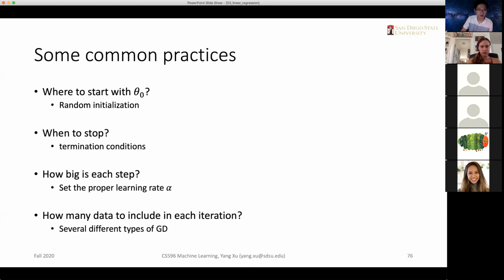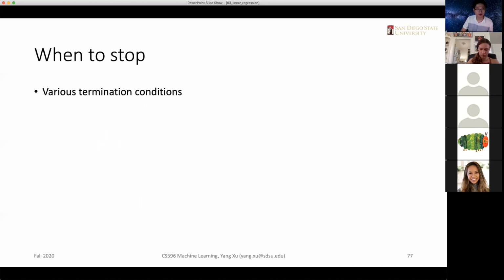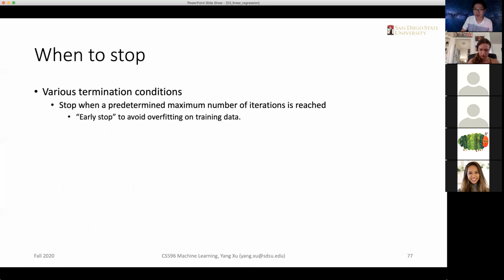All right. So in terms of how much data to use, we will define different types of gradient descent. First of all, when to stop? We have various termination conditions. We can stop when a predetermined maximum number of iterations is reached.